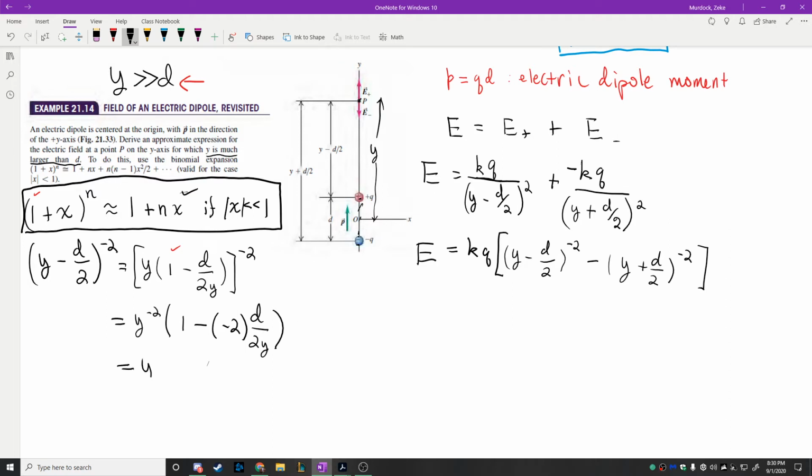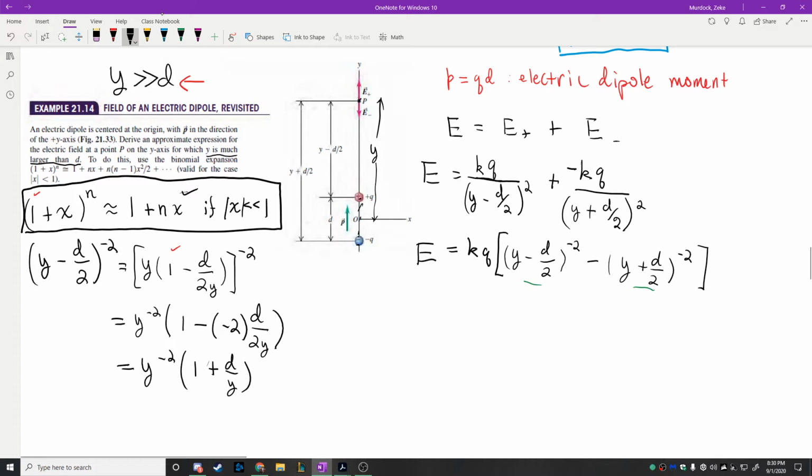And we end up getting y to the negative 2 times (1 + d/y). So we've now solved for what the first of our two expressions becomes. The only difference between this expression and the other is that one's negative and one's positive.